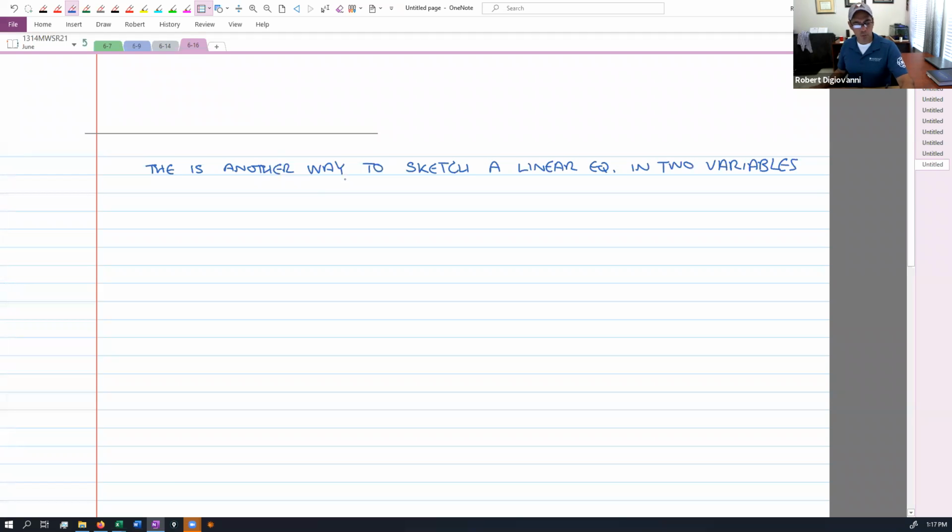Okay, there's another way to do it. So right now, what we've looked at is linear equations that look like this. Right, that's the standard form.